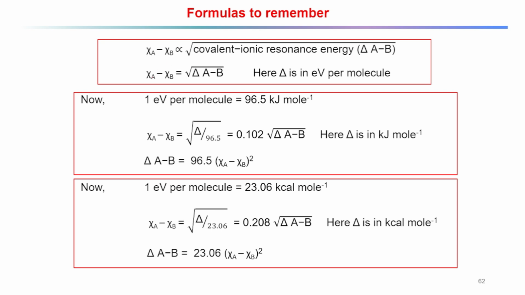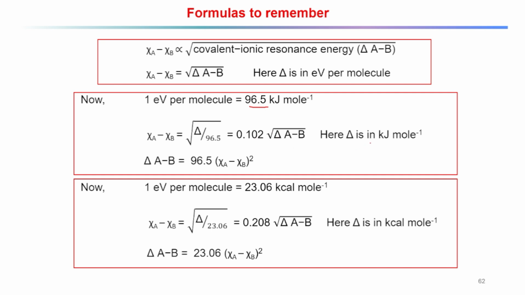So chi A minus chi B is equal to under root delta AB, and here delta was in eV per molecule. Now 1 eV per molecule is equal to 96.5 kilojoule per mole. So we can convert this value from eV per molecule to kilojoule per mole. We just divide it by 96.5 and eventually we will get 0.102 square root of delta AB. So here this delta value is in kilojoule per mole.